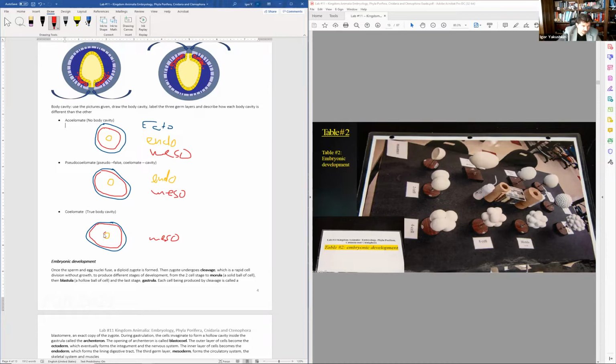Here I need to outline right here. Okay, so now look. Here, all of that is filled up with a gel-like material, so there is no cavity at all. No cavity.